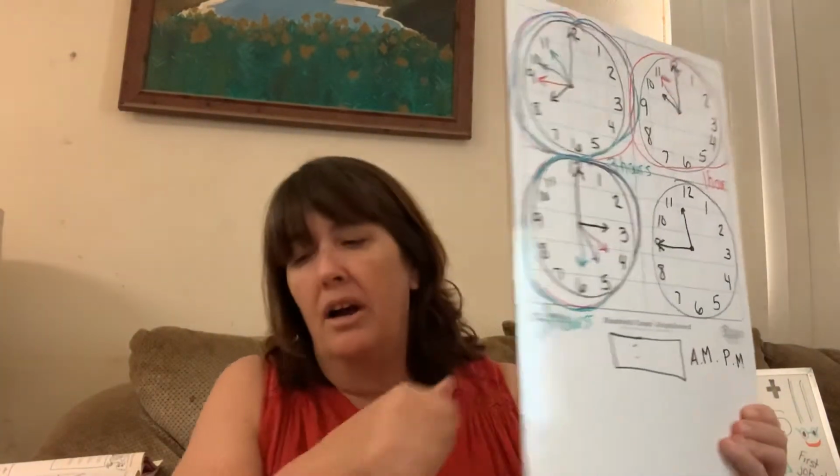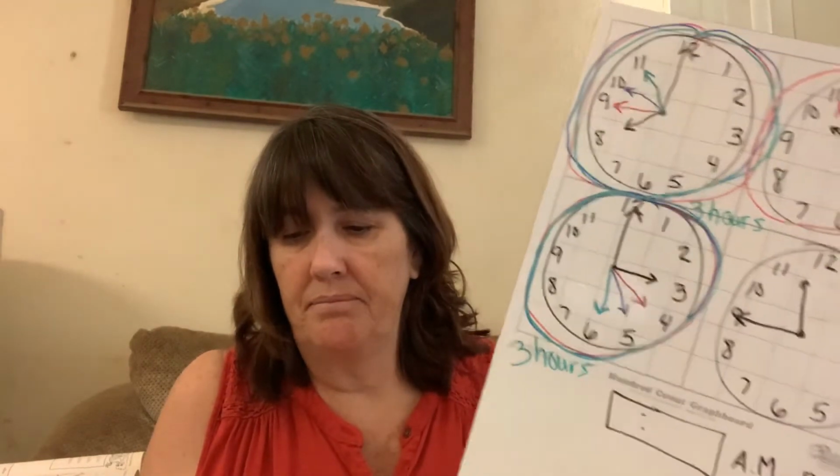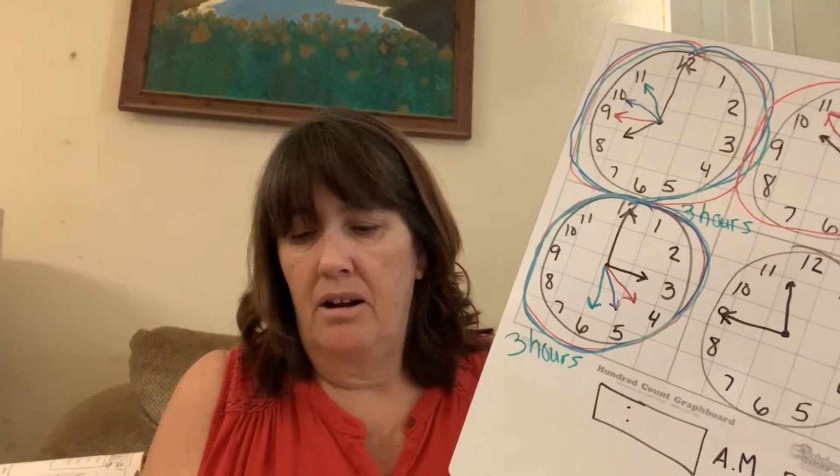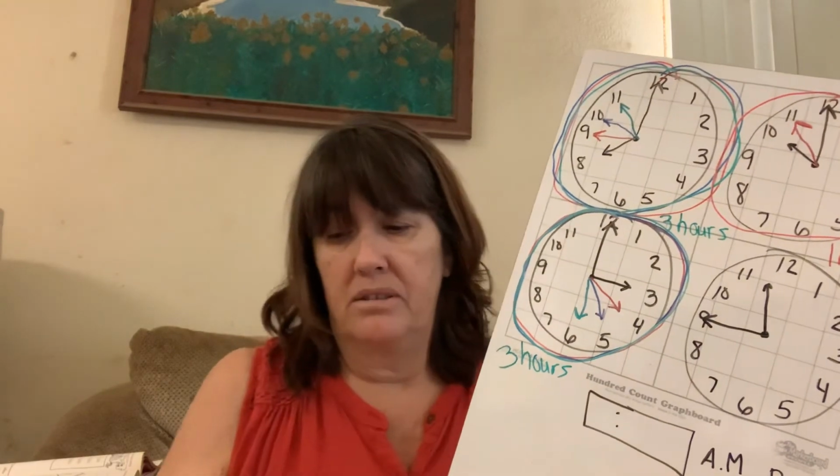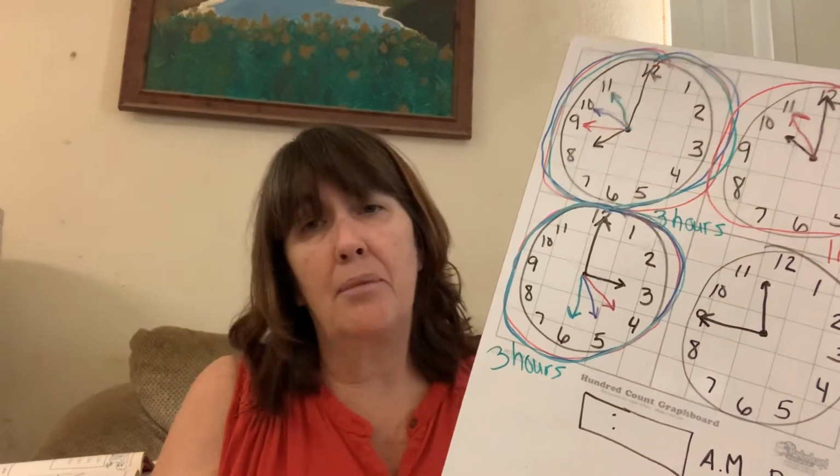So let's look at page 434, our problem solving. It says Josh starts painting at 11:45 a.m. He paints for 1 hour. At what time does he stop painting?